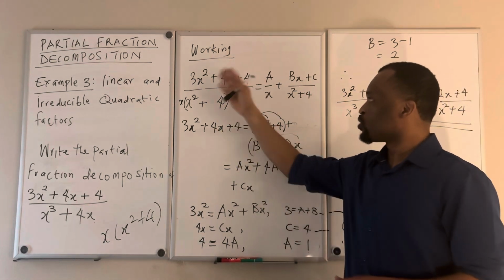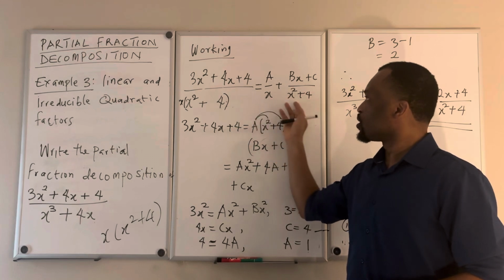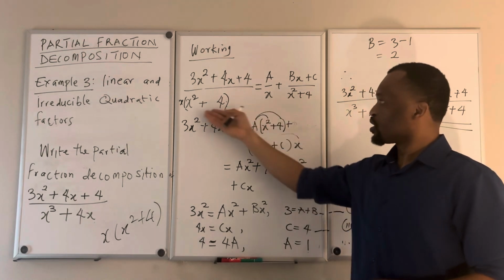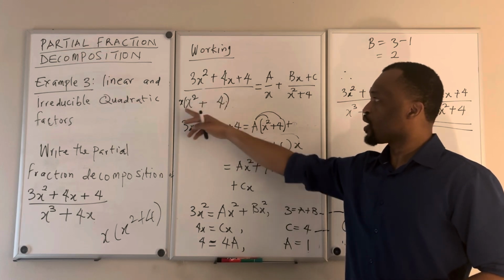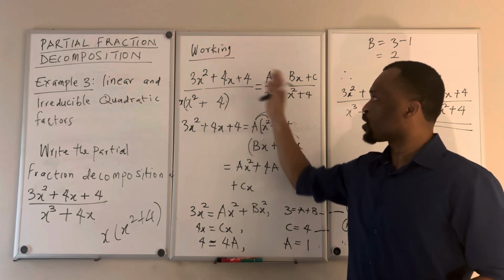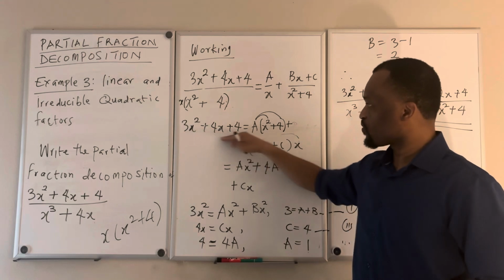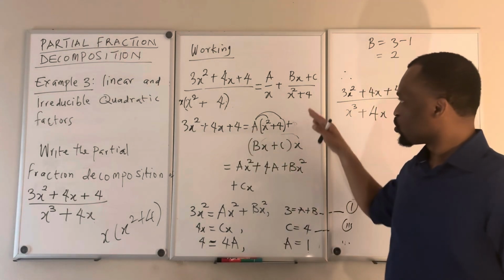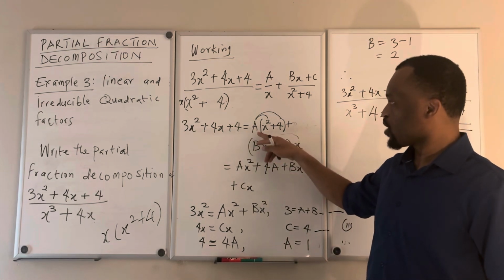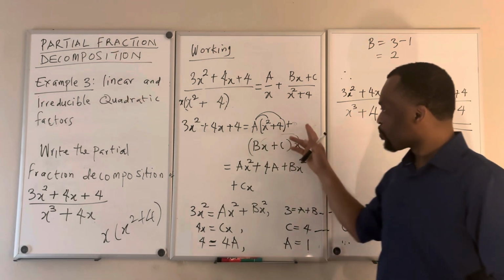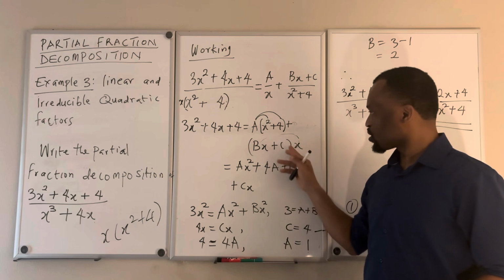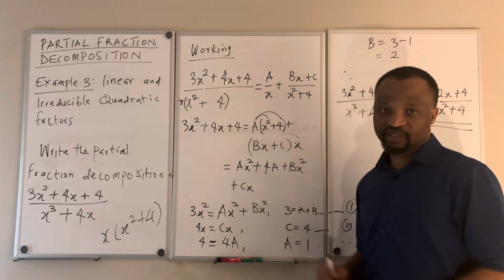Now the next step will be to multiply both sides by the lowest common multiple, which is x into bracket x raised to power 2 plus 4. When I do that, I would have this expression: a into bracket x raised to power 2 plus 4, plus bx plus c into brackets x.